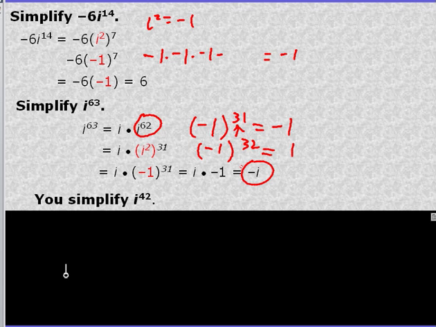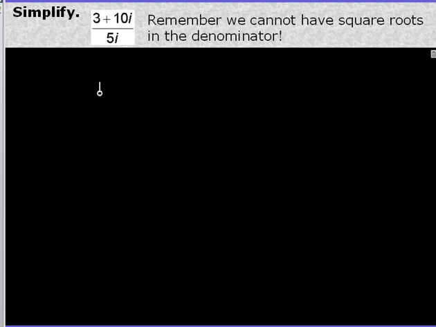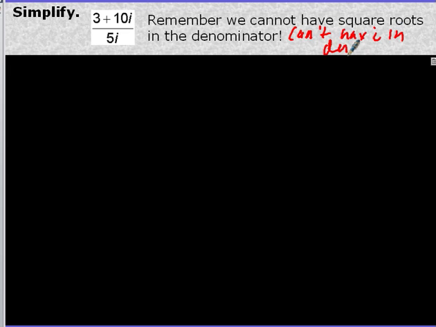All right, let's go to division last. Simplify 3 plus 10i divided by 5i. And even though we have written the square root of negative 1 as i, it doesn't matter. We still can't have square roots in the denominator, so that means we can't have i in the denominator, because it is a square root, even though we have a nice fancy name for it.